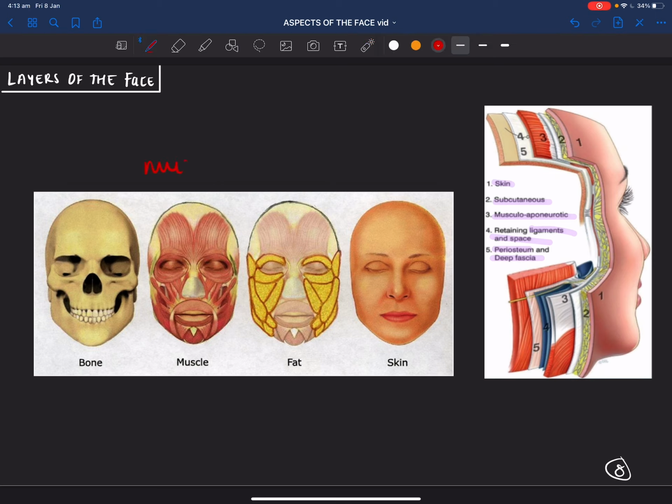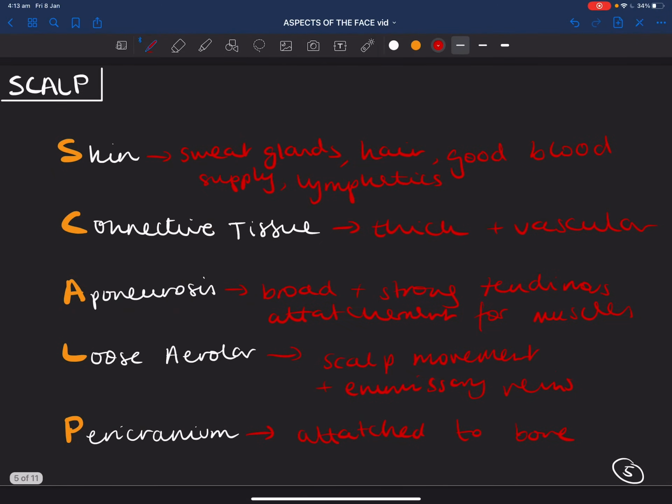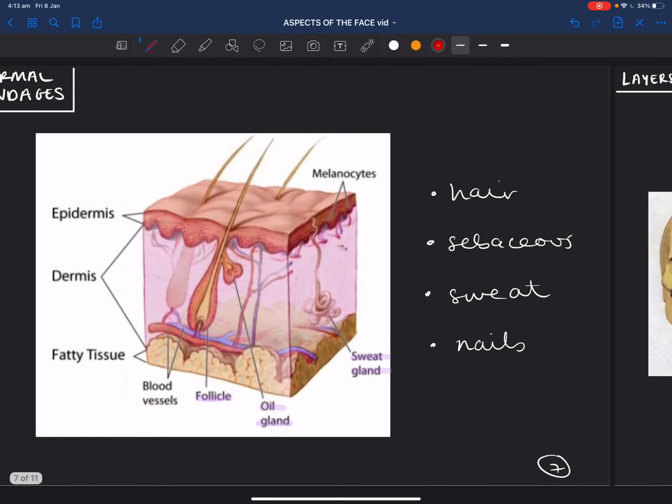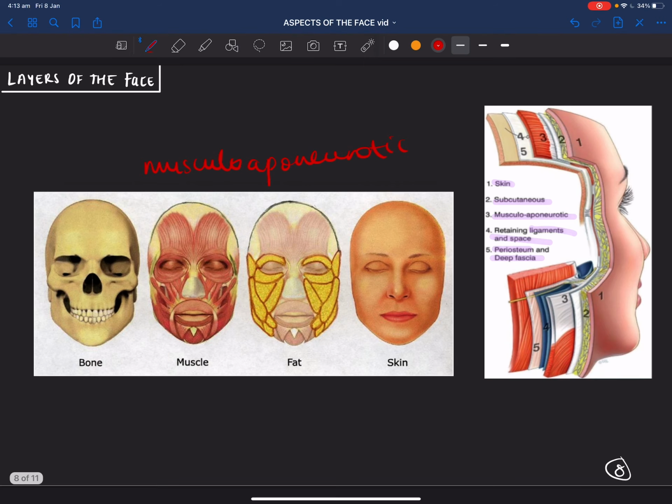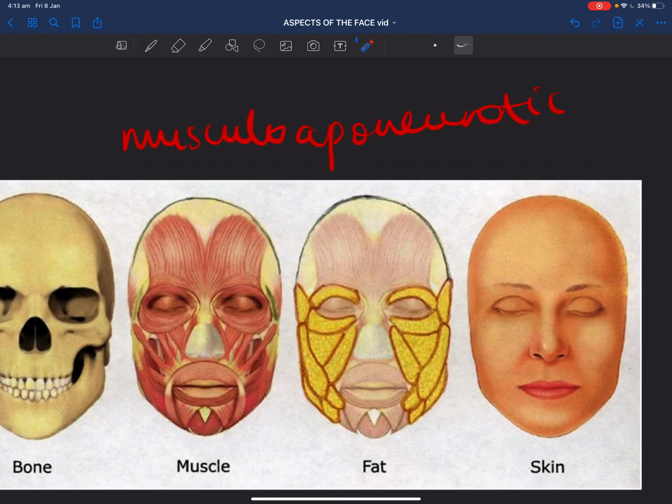The muscular aponeurotic system is, like we mentioned a few slides ago with the aponeurosis, just where muscles are attached or can link and move with each other.